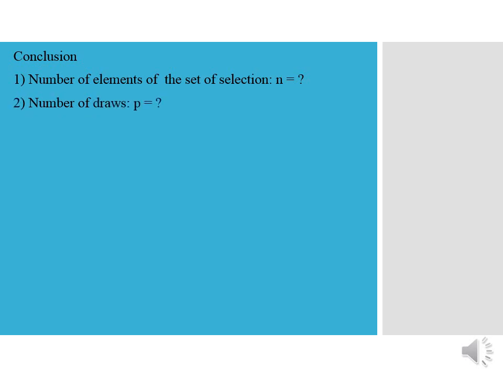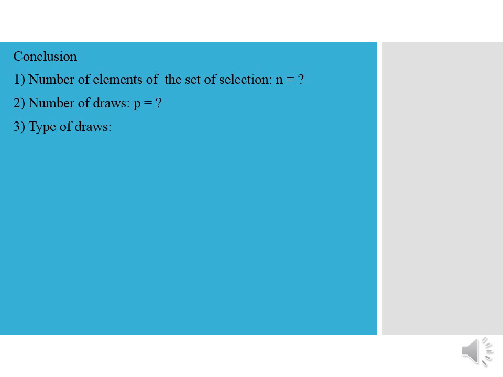Conclusion: we have to take care of the number of elements of the set of selections, which is n. You have to know how many elements are selected from the set. What is P? You have to know the value of P, and third, the type of draws.